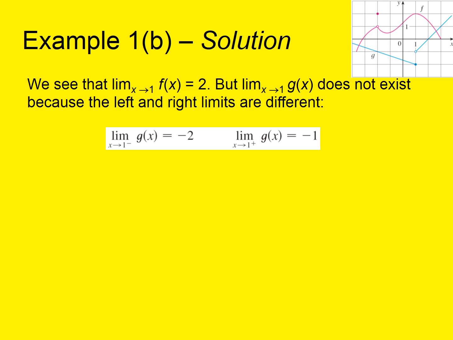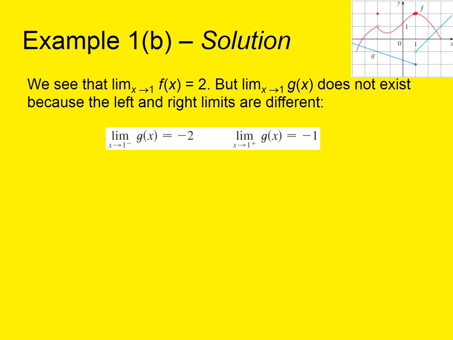Because we see that the limit as x goes to 1 of f of x is equal to 2. But the limit as x goes to 1 of g of x does not exist because the left hand and right hand limits are different.